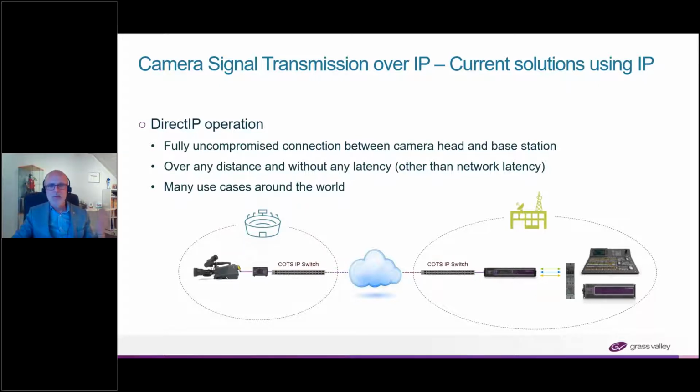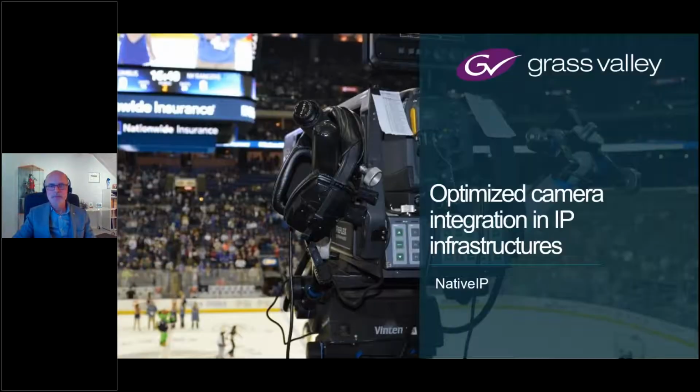The full championship was done over direct IP. So this is a well-established technology, available since 2014.